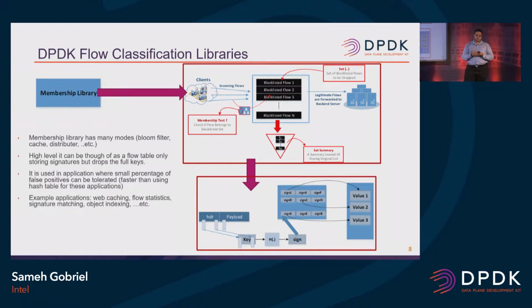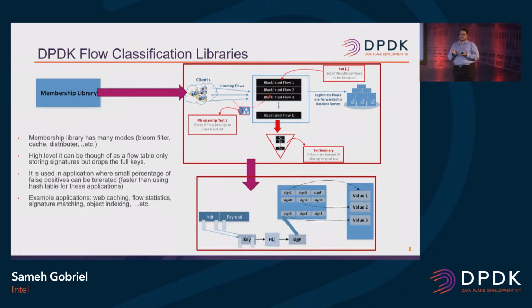However, having a hash table to store blacklisted flows is okay and will work, but think about what if you store a summary, which we call a set summary, of this hash table. This summary will be smaller, so it will fit in the cache much more easily, so you'll get much better performance, and also the lookup will be faster, so you'll get your result quicker.